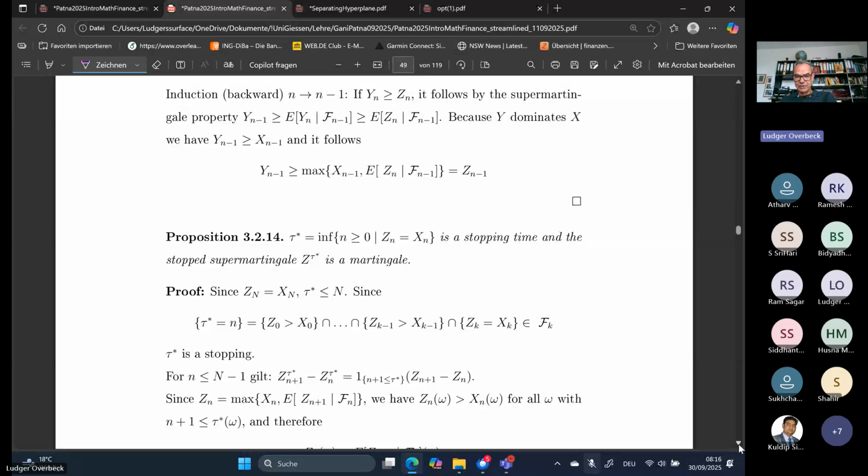For each time point you can execute to get a certain amount. But this tool of the Snell envelope tells you exactly when to execute optimally. So this means, of course, that's the price. The price is then the expectation of X_tau star under the risk neutral martingale measure Q.